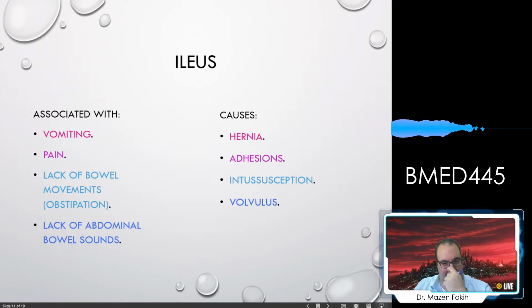It will give us an idea if there is an obstruction in a certain area. Now, there are 4 causes of ileus basically: herniation, adhesions, intussusception, or volvulus. These are the mechanical reasons of ileus.